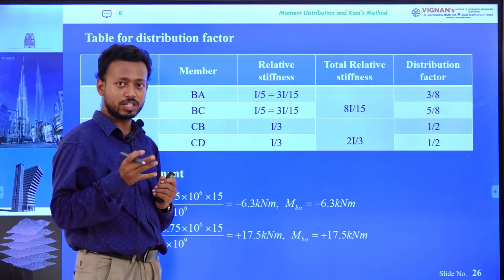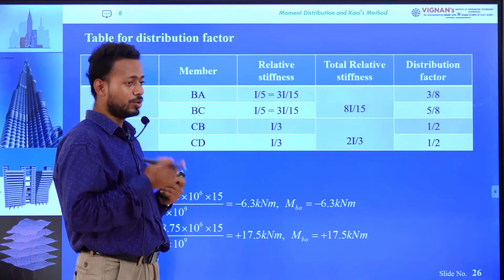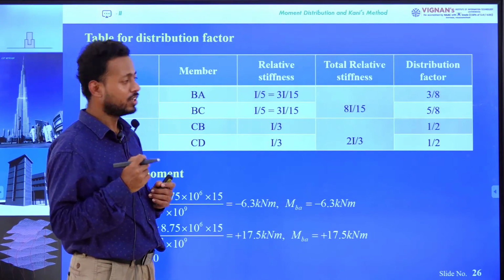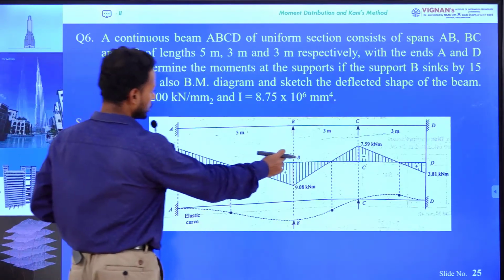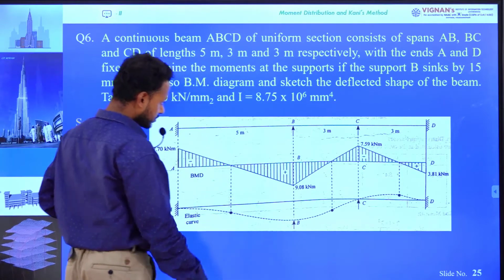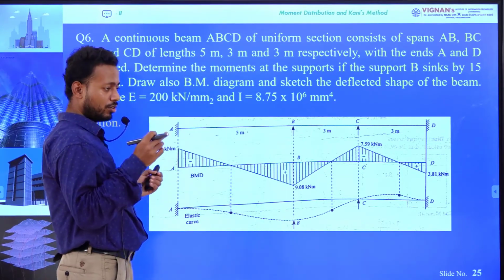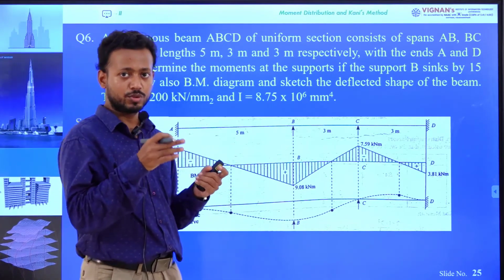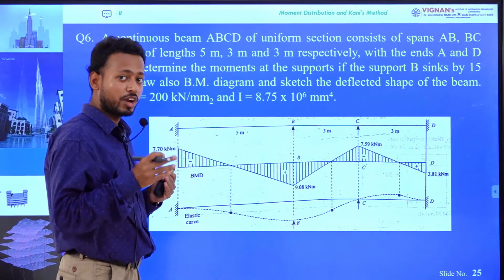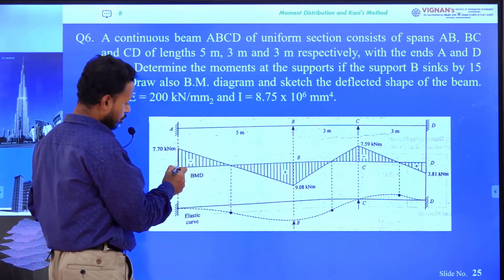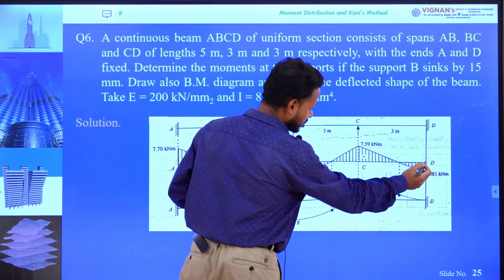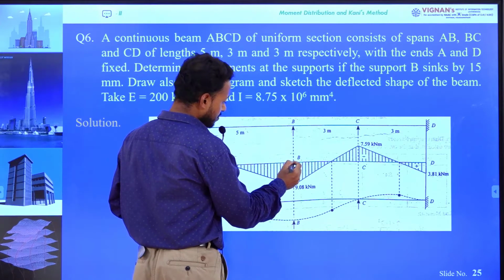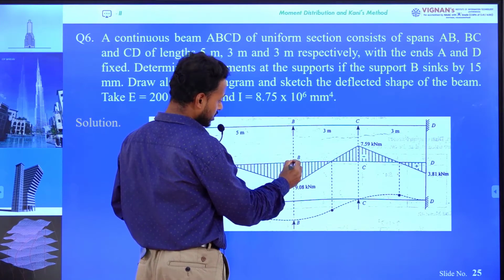If the far end is fixed, the relative stiffness will be I by L. If the far end is hinged, the relative stiffness will be 3/4 I by L. In this case, consider the B joint and C joint; I am considering the intermediate joints. During a moment distribution problem, always consider the intermediate points as joints. This is a support but not a joint. In this moment distribution calculation, always remember that an intermediate support is a joint.